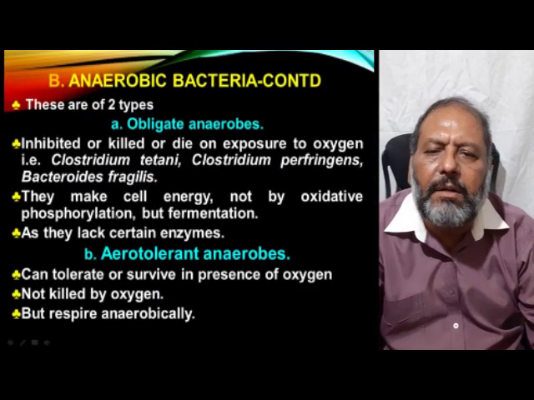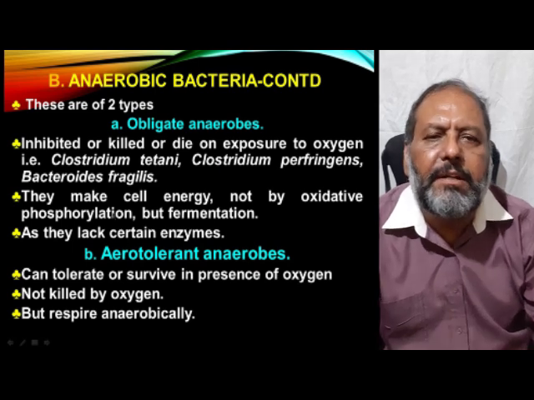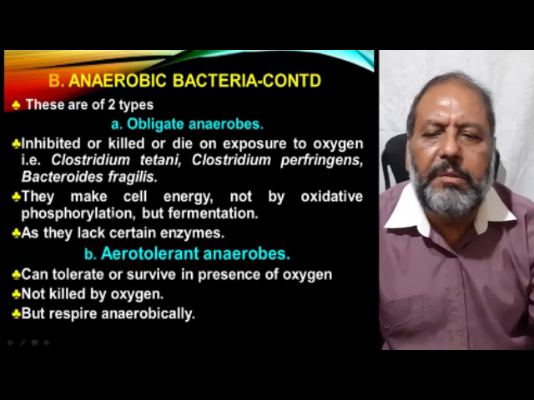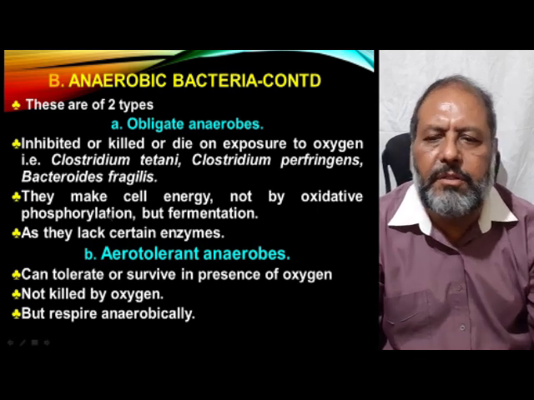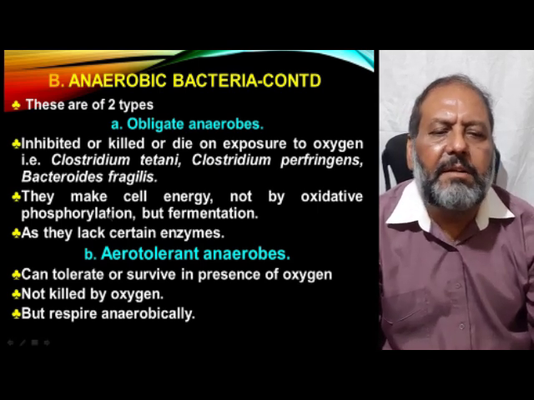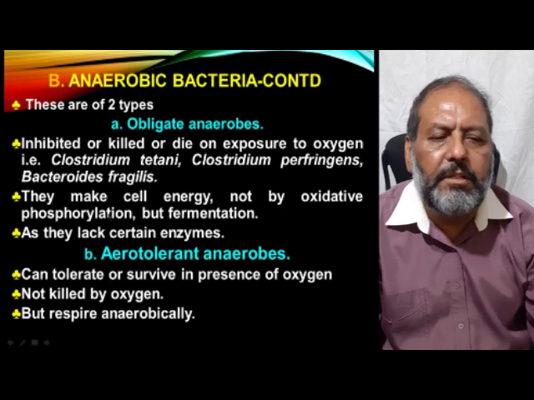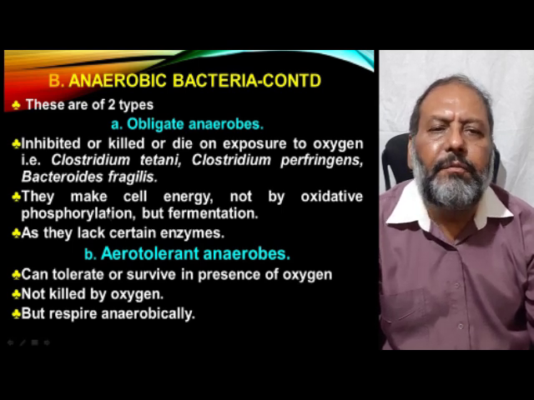Anaerobic bacteria are of two types. Obligate anaerobes, again the name is obligate. They are inhibited or killed on exposure to oxygen. These are Clostridium tetani, Clostridium perfringens, and Bacteroides fragilis.